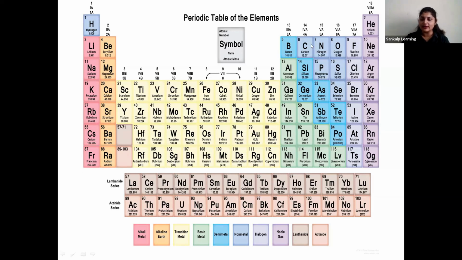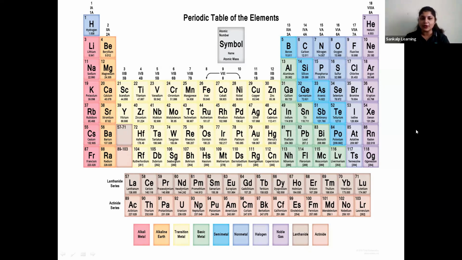Mendeleev classified the elements based on atomic mass. But later this was modified. Many scientists started doing research on this periodic table. So later Moseley is called the father of the modern periodic table.